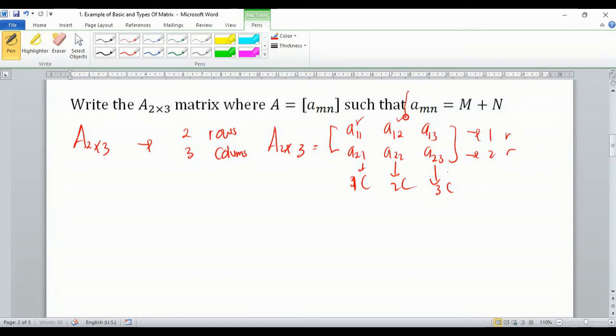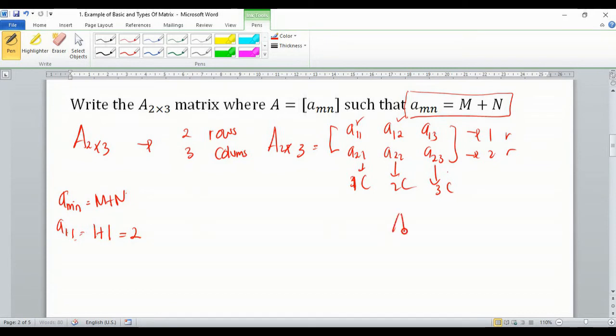So they give us a_mn equals m plus n. Okay, a_mn equals m plus n, everyone. So from here we have A11. In A11, 1 is showing m, so plus n, so it is equal to 2.